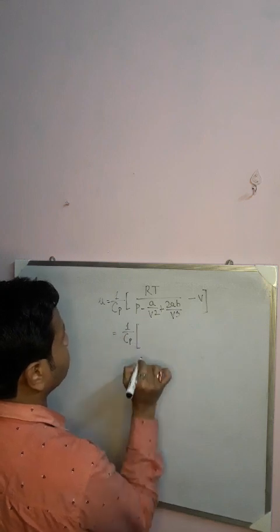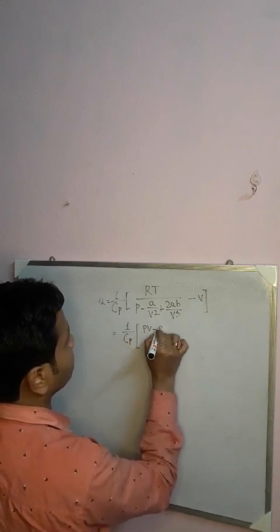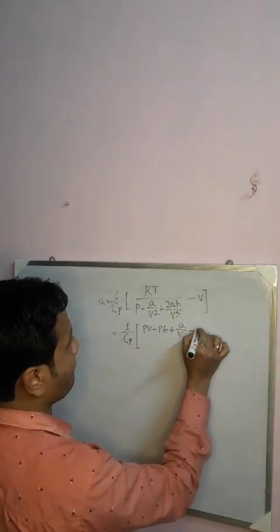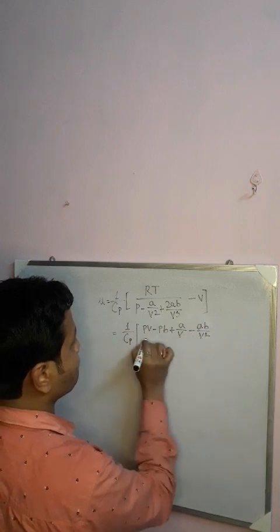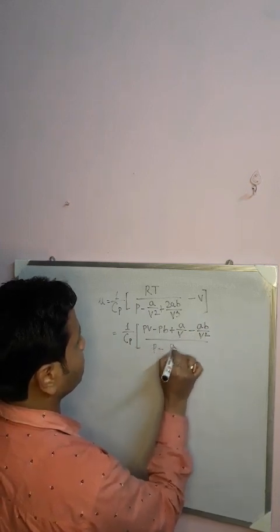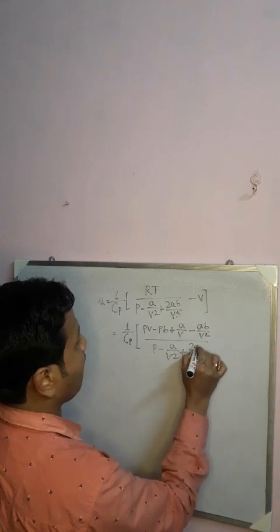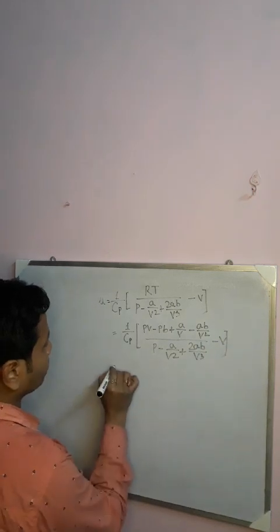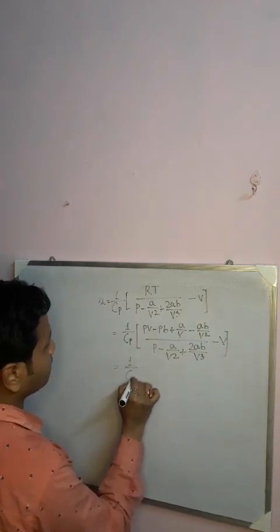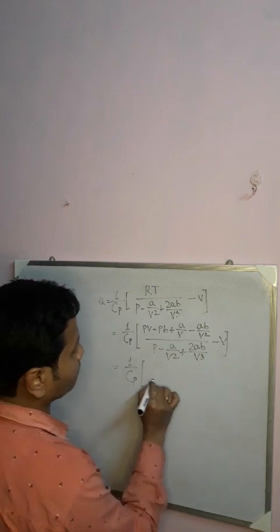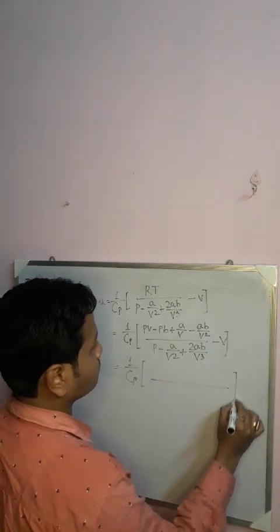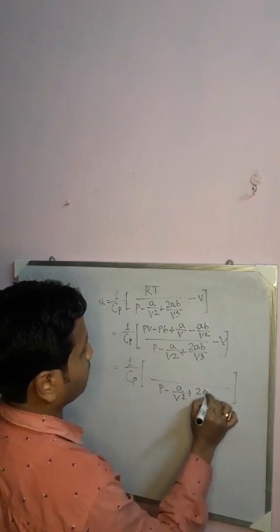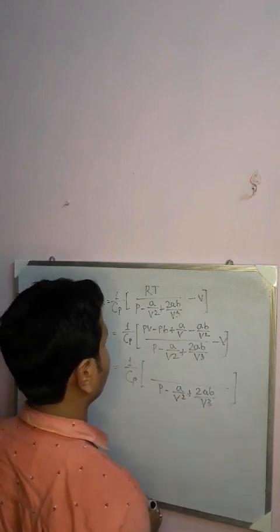If we put it in and simplify, we get P minus a by V square plus 2ab by V cube, minus V. So this is simply 1 by Cp times this.